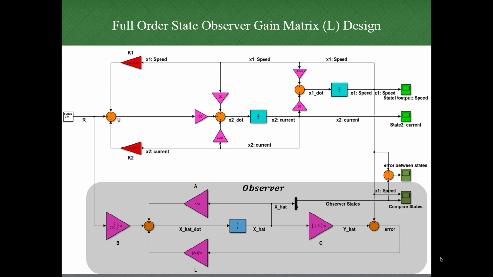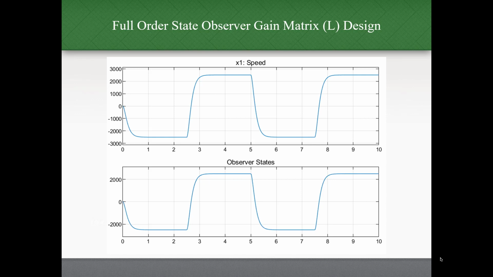produced such good results for our simulation. To see how well the speed as a state is observed by this observer, we can see this simulation. The upper plot is our real speed as changed over time by an input signal of pulse form, and at the bottom you can see the observer states, which are estimations of the real speed.